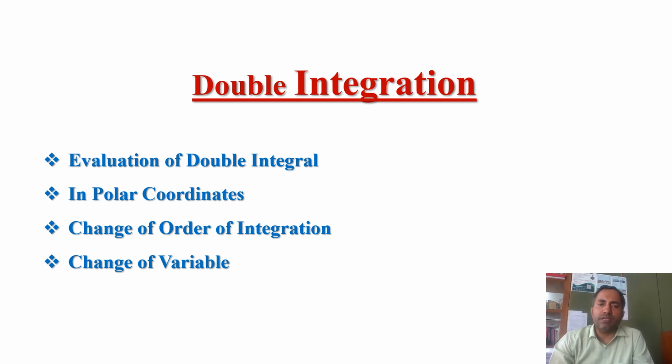Then by change of variable, we will evaluate the double integration and some applications that we can see. For example, area and volume you can find by the double integration, and moment of inertia, mass, center of mass that you can find by the double integration. Many more applications you will see in upcoming video lectures.